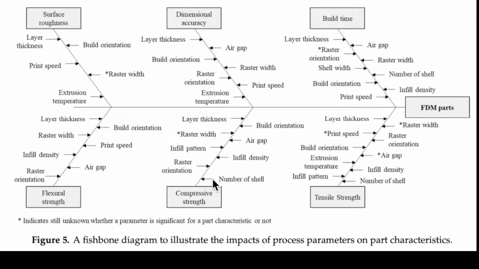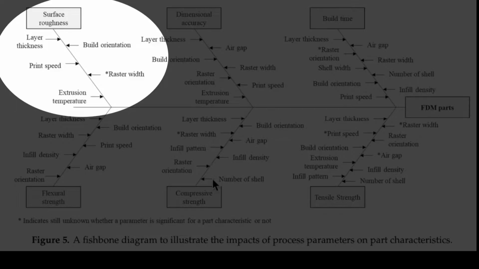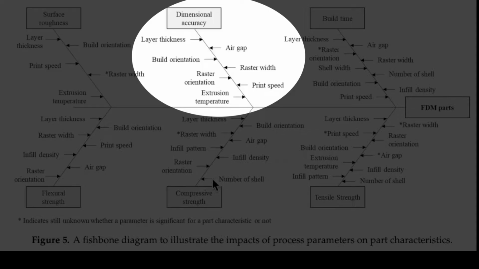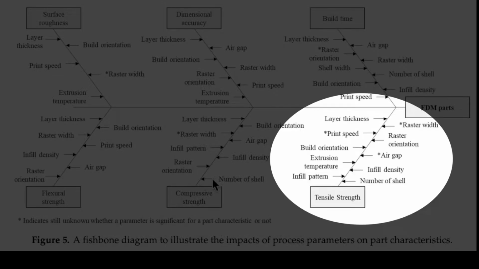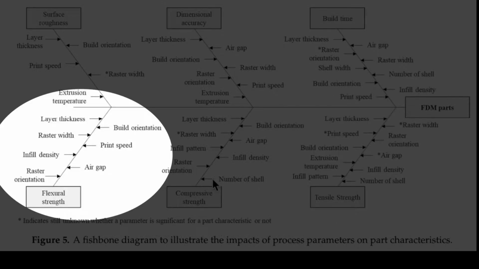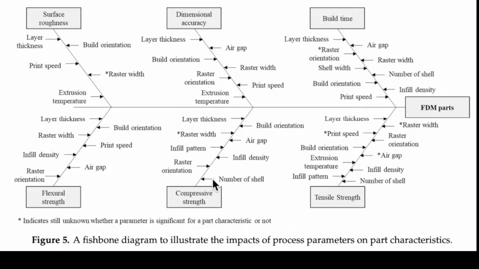If we look at print speed, we can say print speed affects surface roughness, dimensional accuracy, build time, of course, tensile strength, and then lastly, flexural strength. Now, why is this important? It's important because as you make changes to your printer, you're affecting characteristics.